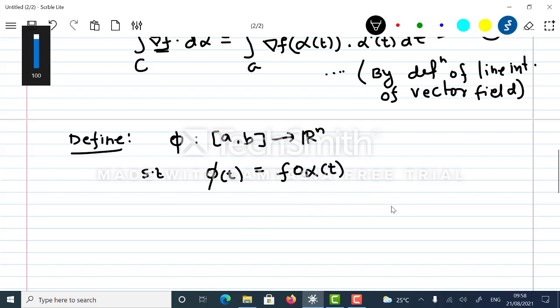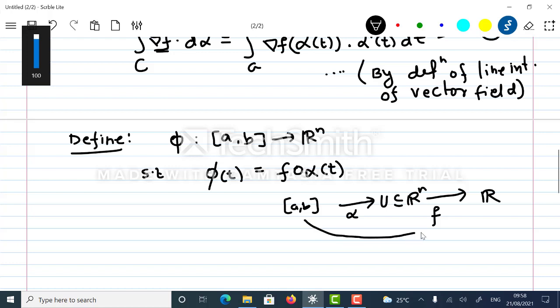We know f is a function from U subset of Rn to R, and alpha is a function from closed interval a comma b to U subset of Rn.